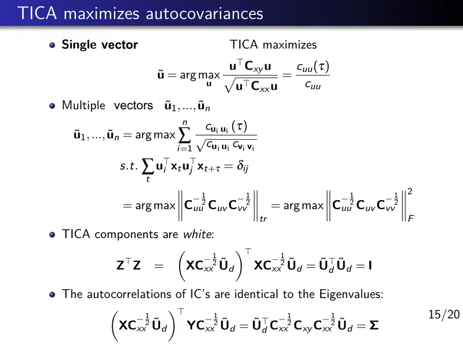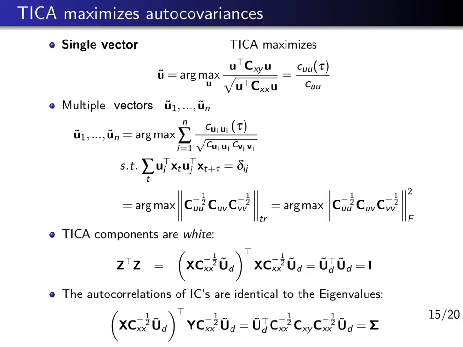So it finds the directions in which the data are slowest or the events are most rare. Okay, so in this way we have made the connection between minimizing the prediction error in time and maximizing the time autocorrelation or the slowness in time.